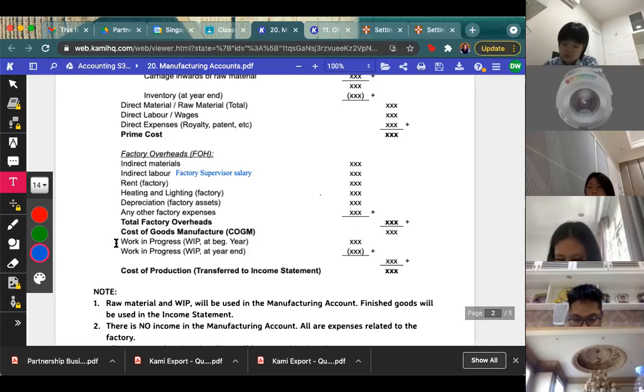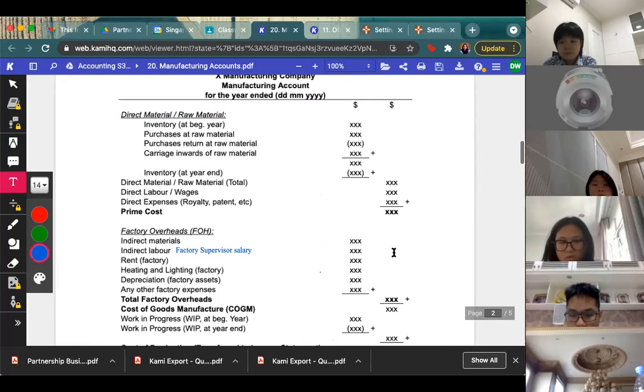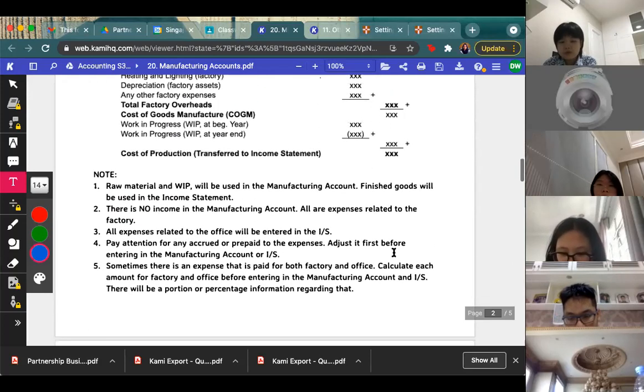Work in progress at the beginning must be deducted with that at the end, so you have the net of your work in progress, and then you add it to the cost of goods manufactured. Then you have cost of production. And this is how the manufacturing account will be calculated. So far, any question? No? Remember, in the manufacturing account, all are expenses.